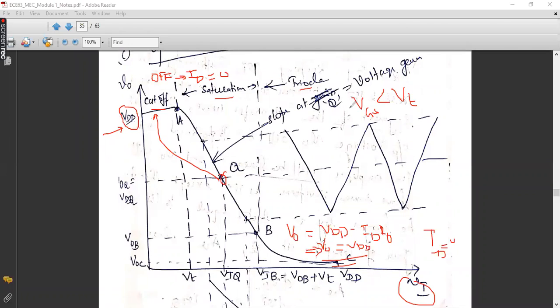But as of now, since we have maintained a gate voltage which is less than the threshold voltage, the channel has not been induced yet, and because of this there is no current conduction, ID equal to zero, and correspondingly the output voltage is the maximum value, that is VDD. So this is the explanation for the cutoff region.